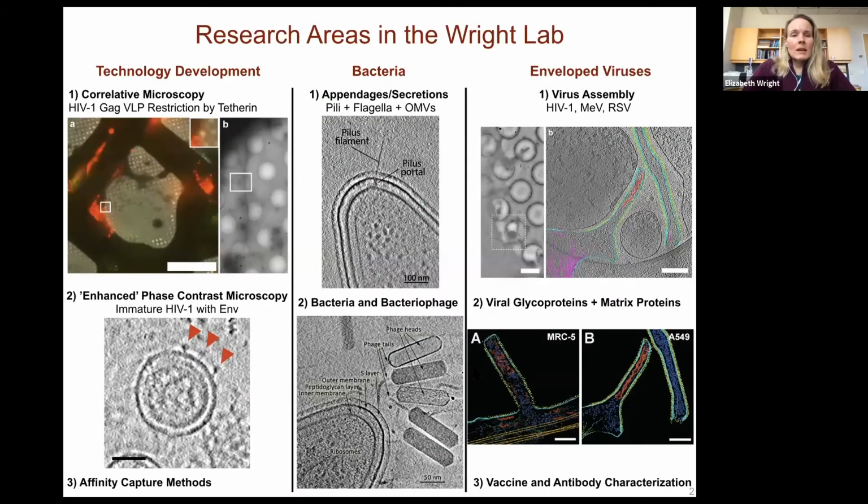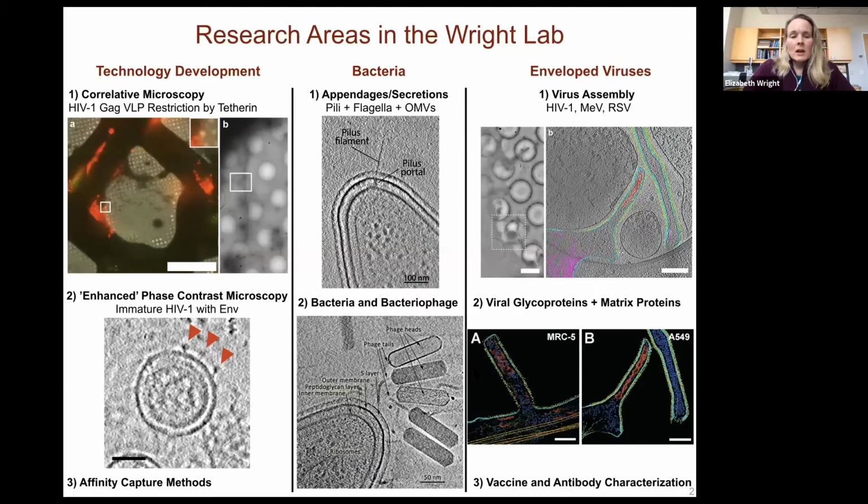So in my laboratory, we work on a lot of different research projects. The thing that ties us together is really how we're developing the technologies to advance our understanding of the different biologies we're focused on. And so we do a lot of work in developing correlative microscopy, so bridging between fluorescence light microscopy and cryo-EM.